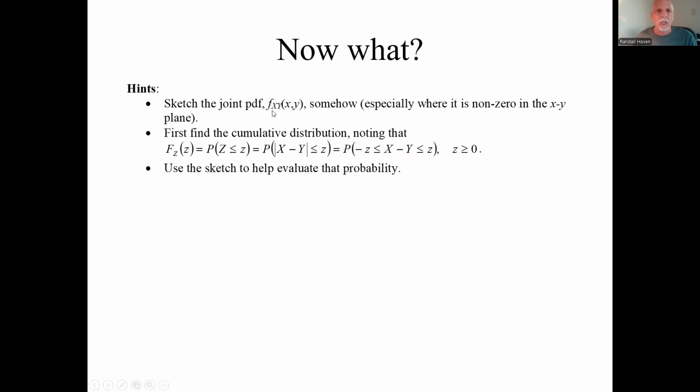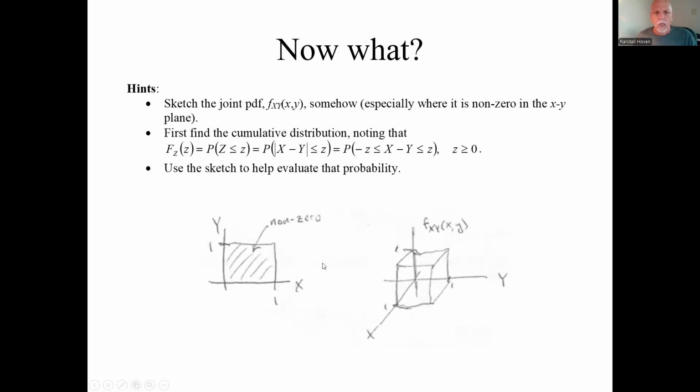What is that joint PDF? Well, since they're independent, it's the product of the individual PDFs. And they were just ones. So let's sketch what that joint PDF looks like. X goes from 0 to 1, Y goes from 0 to 1. The whole thing has to integrate to 1. And it's constant because each of the X and Y PDFs were constant.